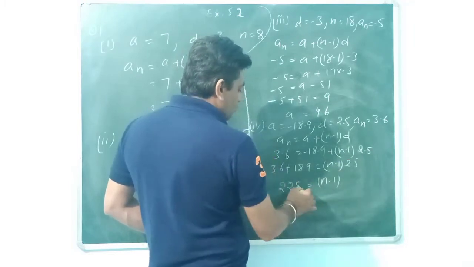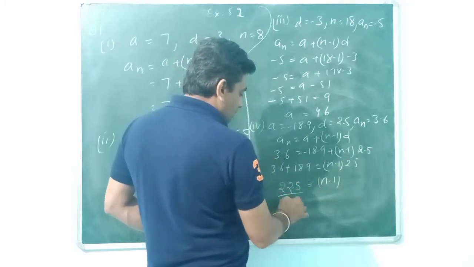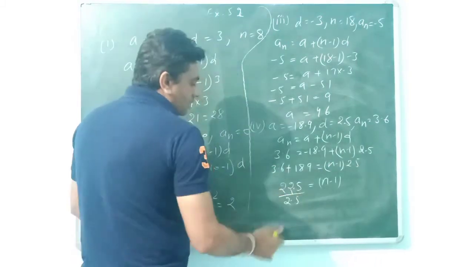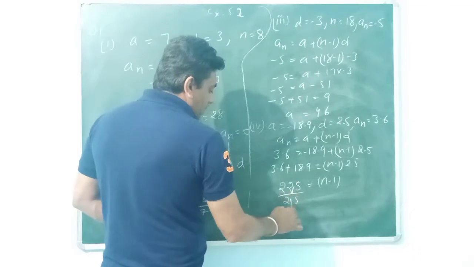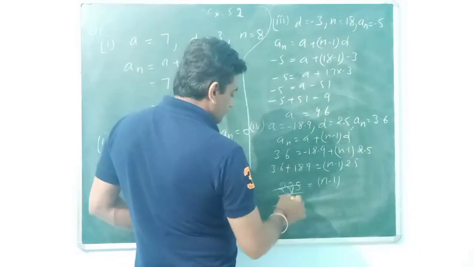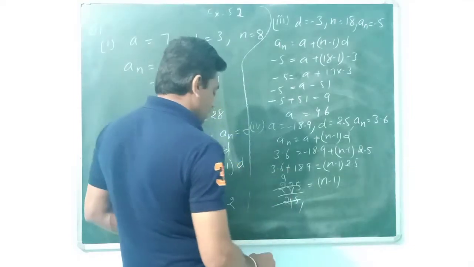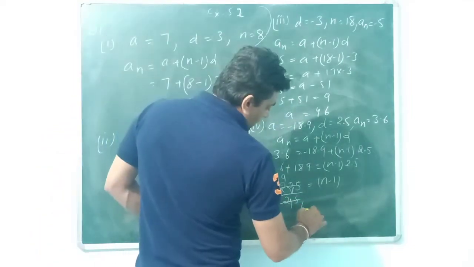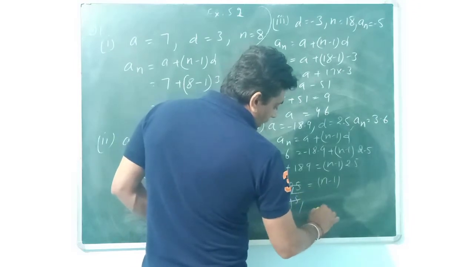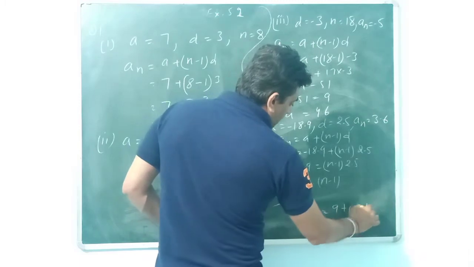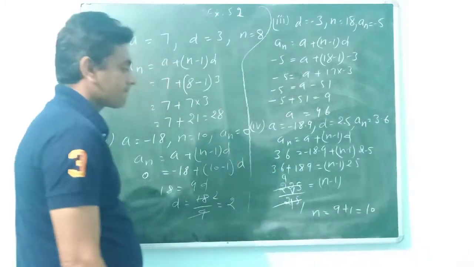Taking this 2.5 here, multiplication becomes division. Cancelling the decimal points, 25 goes 9 times, 225. Again this N becomes 9 plus 1 equal to 10.